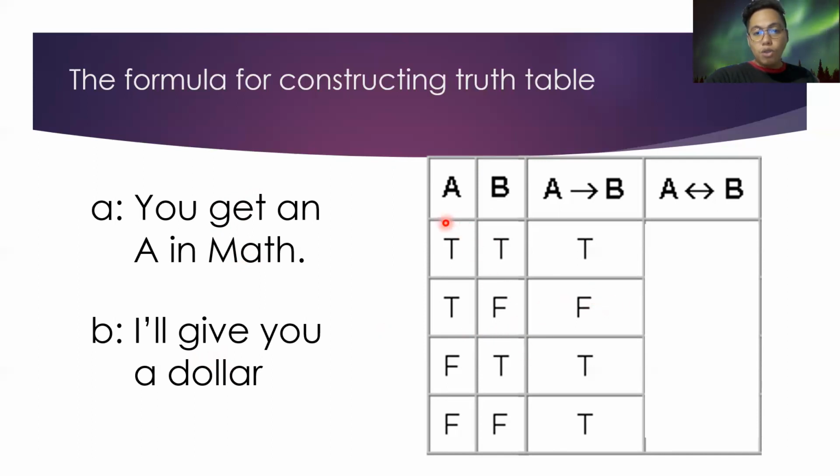This is for when the condition is true. If the condition is false, for example, you were not able to get an A in math, either you perform the promise or not, it will be true. For example, if you get an A in math, then you were given $1, that's not a problem. It will still be true.